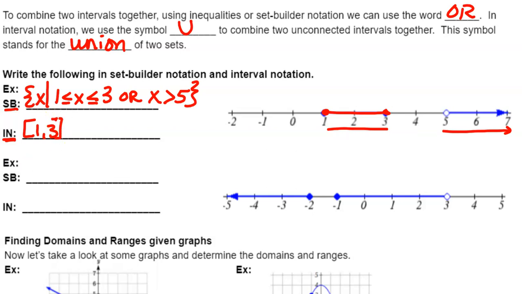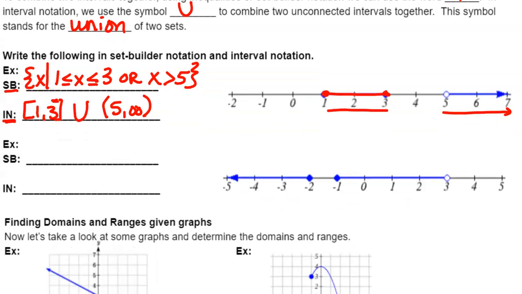So 1 to 3. Since we're in interval notation, we need a U to combine the sets. And here, we're looking at everything from 5 to infinity. I'm not including 5, so I need a parenthesis. 5 comma infinity. Infinity always gets a parenthesis, and that would be my solution.